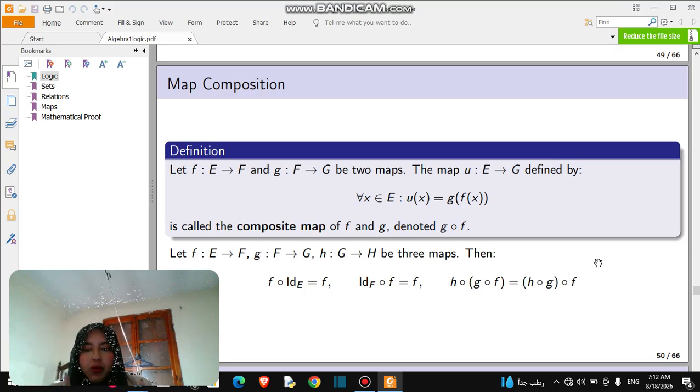For example, if we compose the map g with f, g rho f, this relation we read as the composite map.